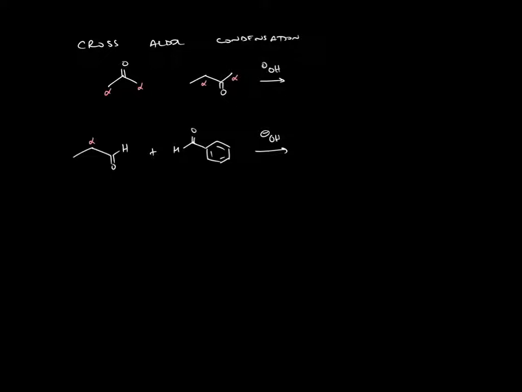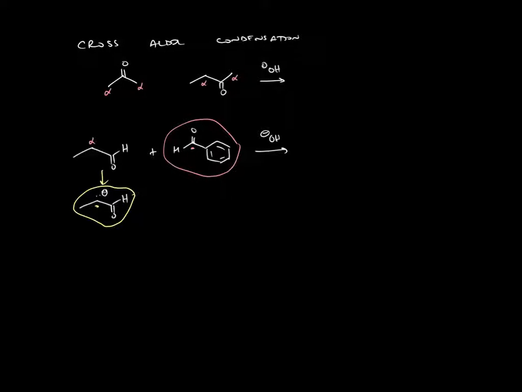So, without going through all the details of this, and note, if you want to ask about the details, you absolutely can, we would turn this alpha, or enolizable, carbon into an enolate, this guy into a C-, and the benzaldehyde over here would be my electrophile. So in the aldol condensation, you end up making a brand new carbon-carbon double bond between the carbon that was the nucleophile at the alpha spot and the carbon that was the electrophile right here.